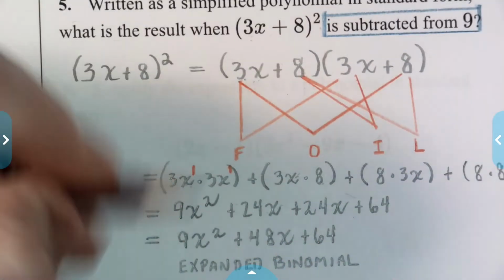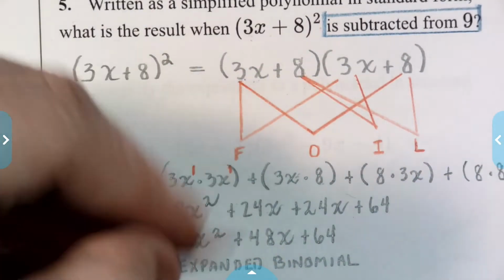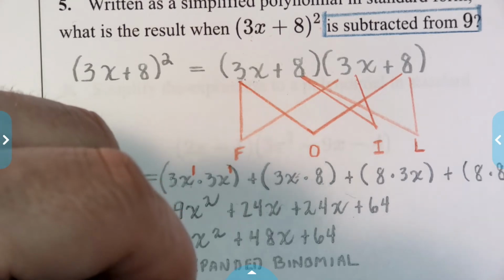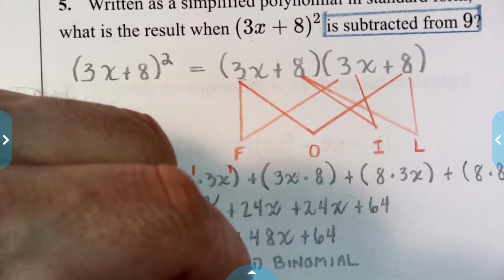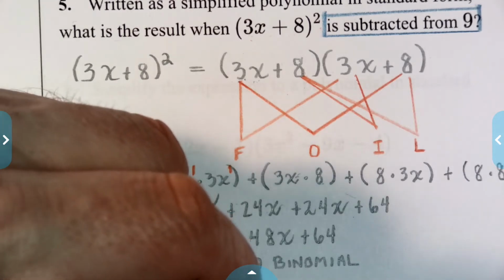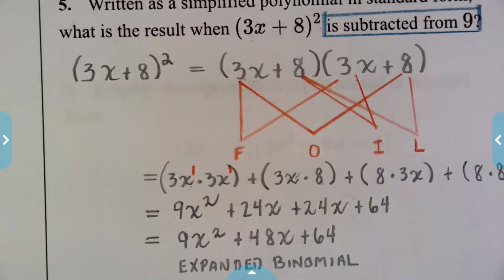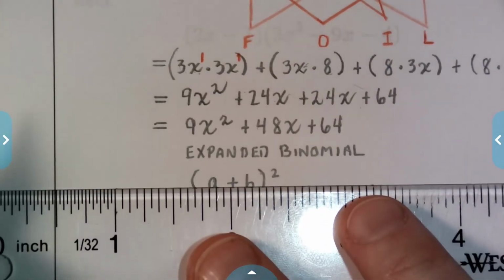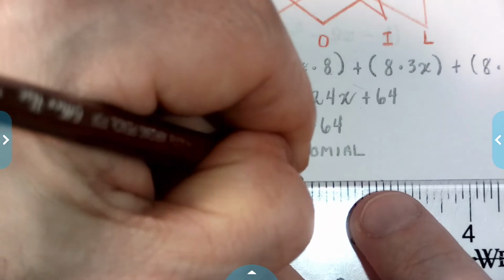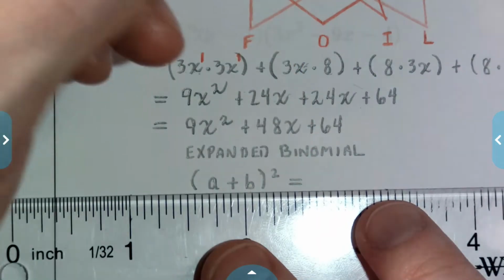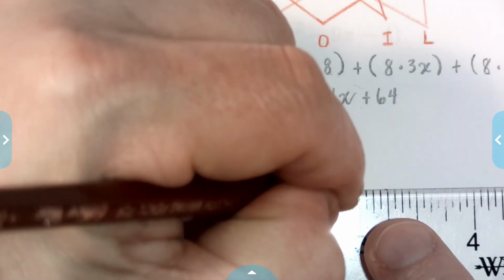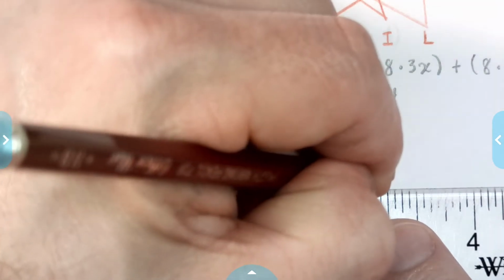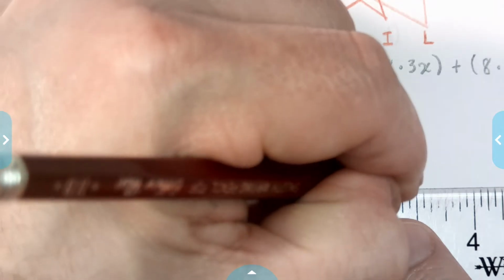So if you have a binomial that is in this form, a plus b squared, then the general form of the expansion of that binomial is always the same. It's a squared plus 2ab plus b squared.